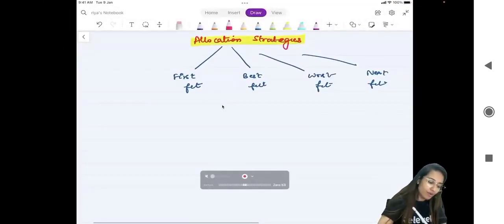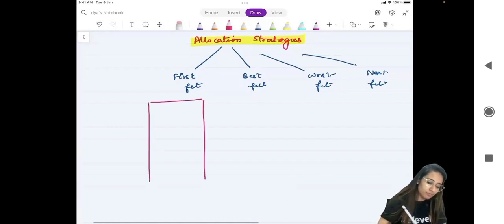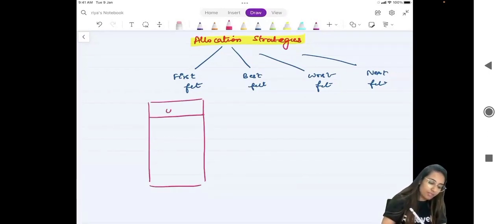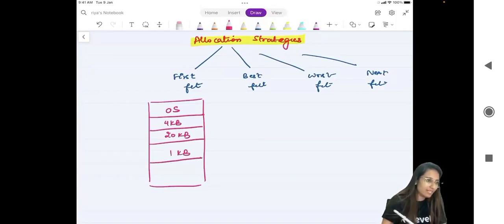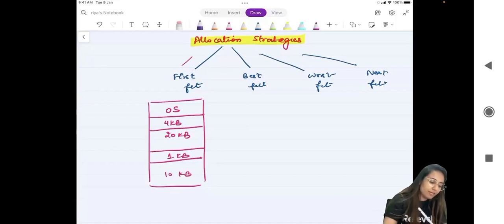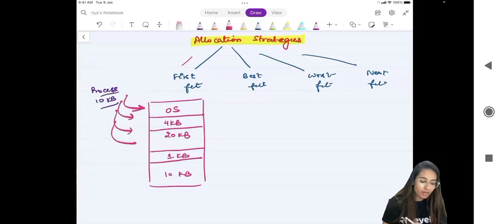For example, if you have memory like this: here you have the operating system, here let's say 4 KB of space, here 20 KB of space, here 1 KB of space, which is not a fair allocation in terms of size, and let's say there you have 10 KB of space. There is a process which is for 10 KB. The operating system will start from the very first point and keep looking.